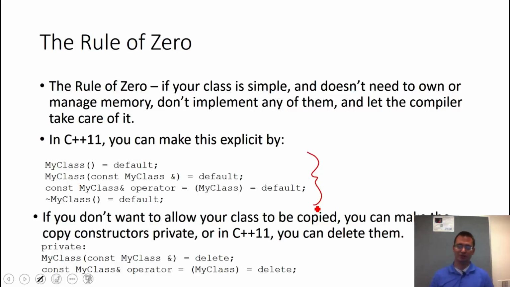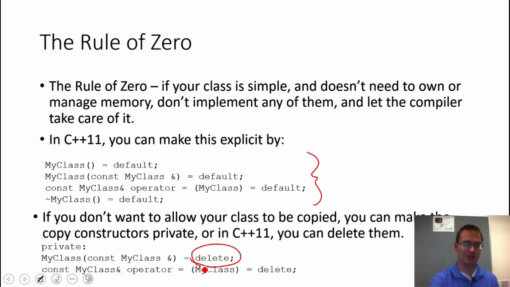And it is possible that maybe you don't want your class to be copied. Maybe it has a ton of data in it and you don't want to have to copy all of that. And so you can either make the copy constructors private, in which case the compiler and anybody else can't use them because they're private to the class, or in C++11 you can explicitly delete them.